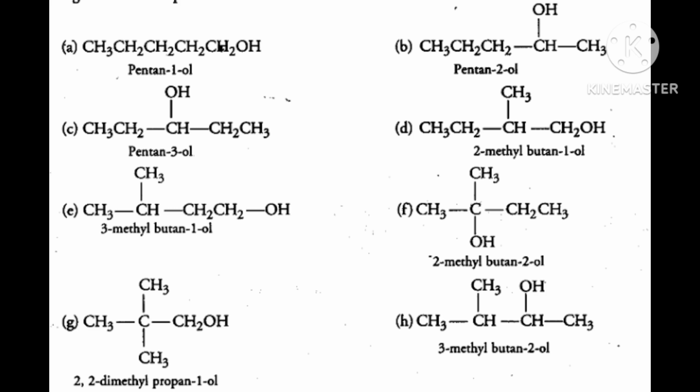And the last one is again a 7-carbon group. The long chain is 7 carbons. And numbering is already done in the question, you do not have to do it here. Now at carbon number 3 an ethyl group is attached, and at carbon number 5 a methyl group is attached.